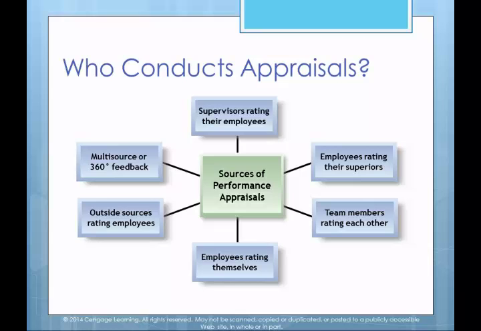That gives the supervisors a good sense of responsibility and feedback from their employees. Team members can rate each other if there is team-based performance. Employees rating themselves, that's the self-rating, self-evaluation. And then outside sources rating employees. That can be your customers or your interaction with individuals, your vendors, those kinds of individuals. And your book goes into quite a lot of detail about each one of these.